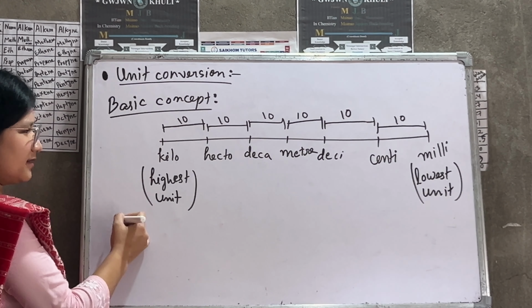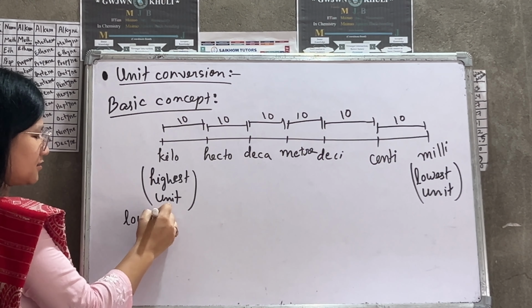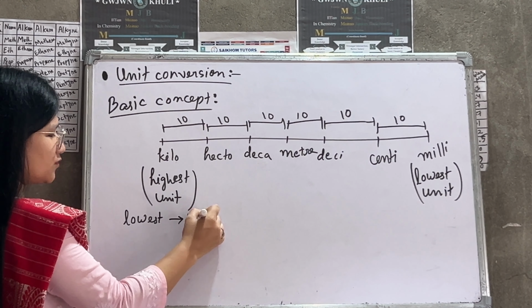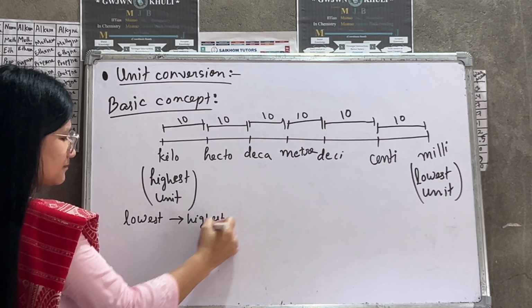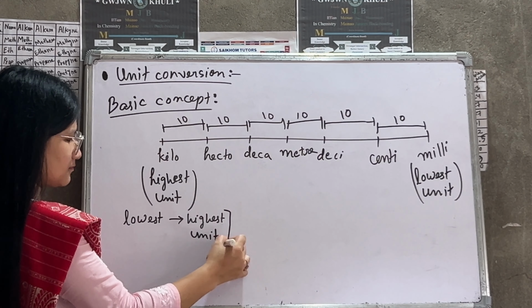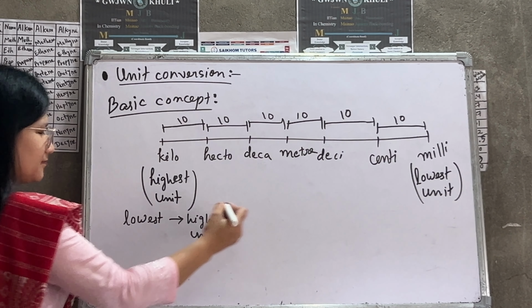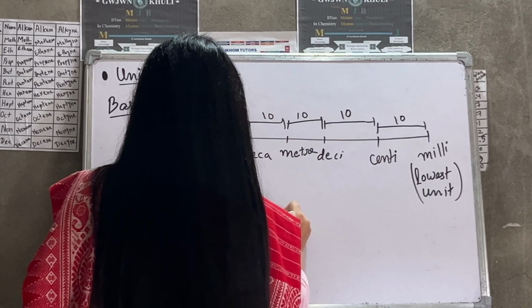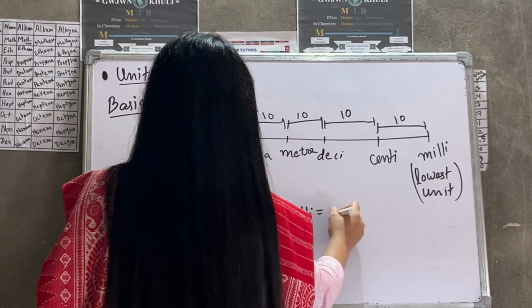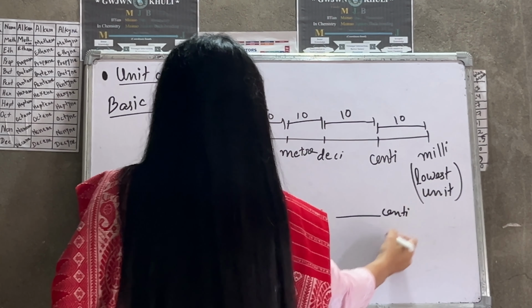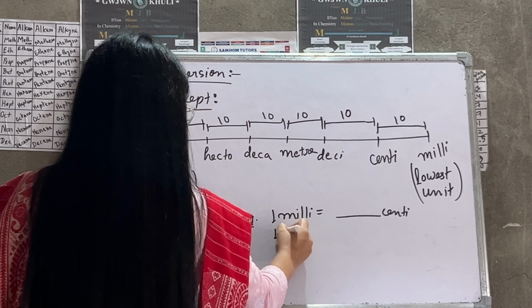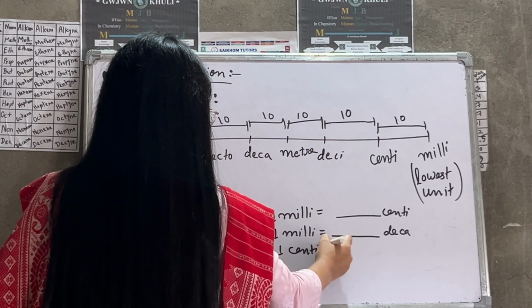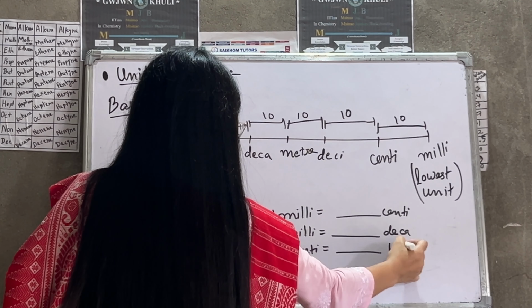So when we convert from lowest to the highest unit, what do we get? For example, from 1 milli to centi, or 1 milli to deca, or 1 centi to kilo.